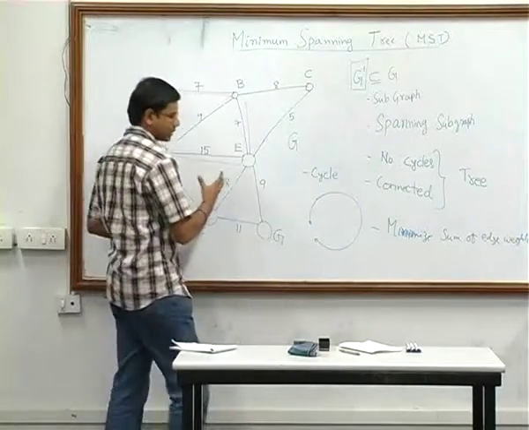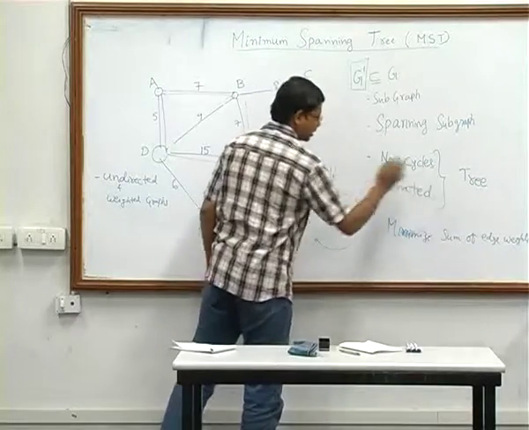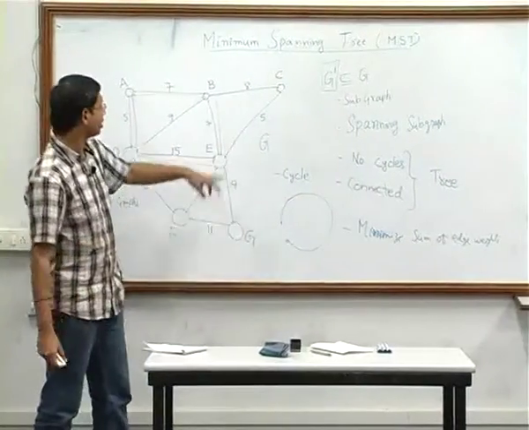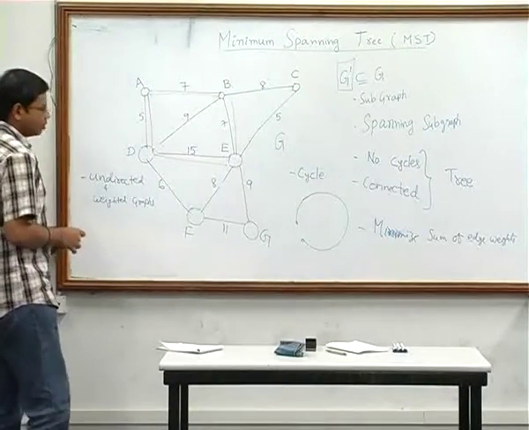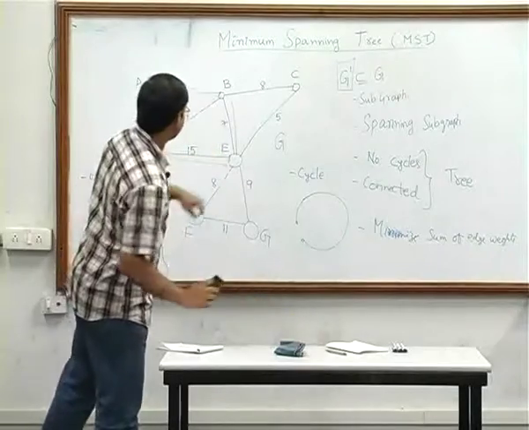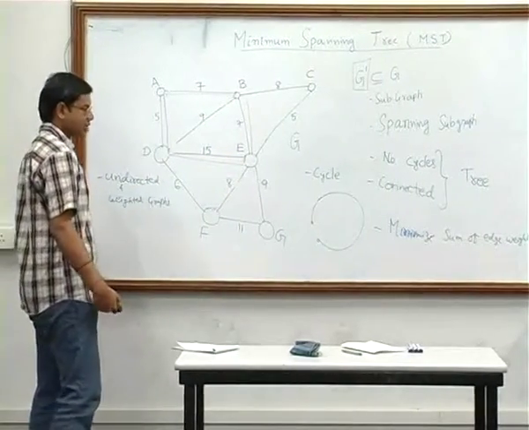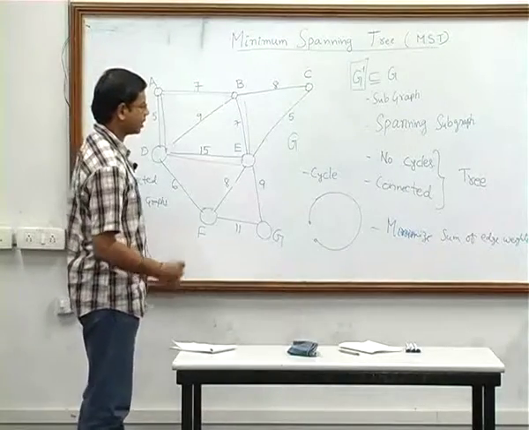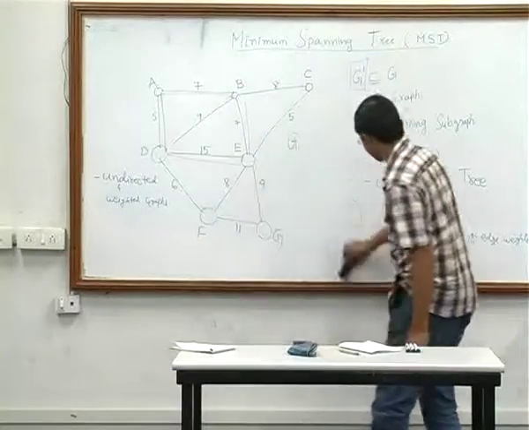So we need to select a graph, we need to minimize, and it should span, and it should be a tree. Now you can see, hence the term minimum spanning tree. So these are some of the observations which we can see from the problem. And now let's see an existing algorithm for finding a minimum spanning tree of a graph.